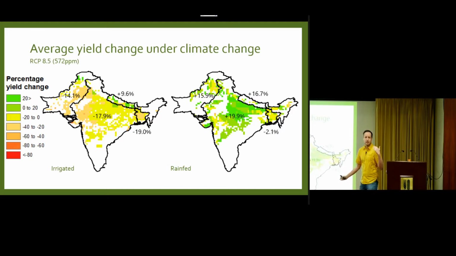If you have a yield of 1 ton per hectare and you increase it by 20%, you still have a very low yield. And this is not going to feed India or Pakistan. So it looks very rosy, it looks very nice, but it's not that great.